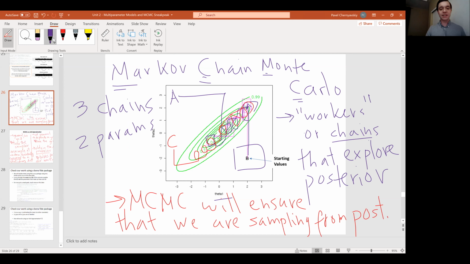So my posterior distribution is 3-dimensional here. In the more complex case, I'm pretending I have 3 workers doing the searching, and my posterior distribution is 4-dimensional.